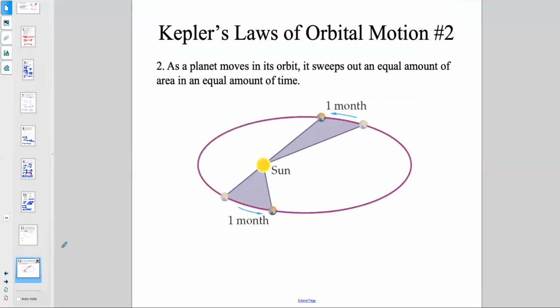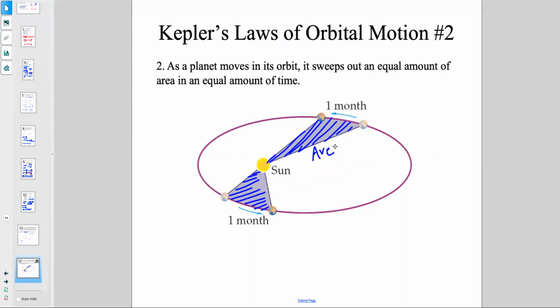Kepler's second law is that as a planet moves in its orbit, it sweeps out an equal amount of area in an equal amount of time. For example, if the planet is really far away, at aphelion, in 1 month the planet moves from this point to this point, so it is covering an area of this much. As the planet gets close to the sun, at perihelion, it moves faster, so it covers this much area.